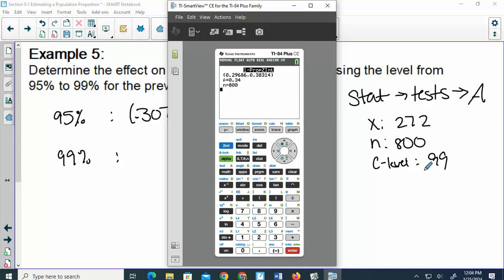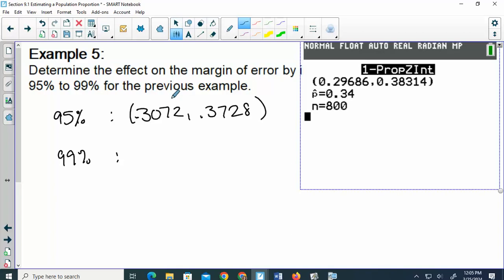And then we'll calculate. And it gives us that our interval is between 0.29686 and 0.38314.